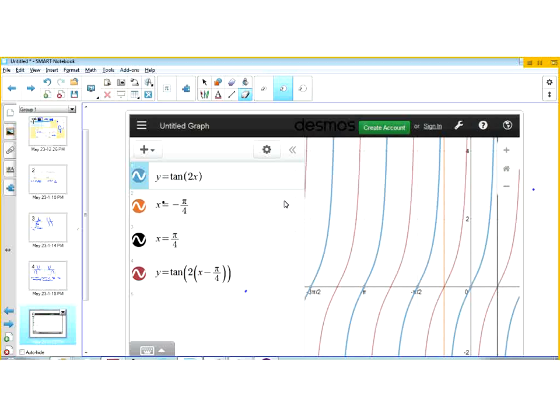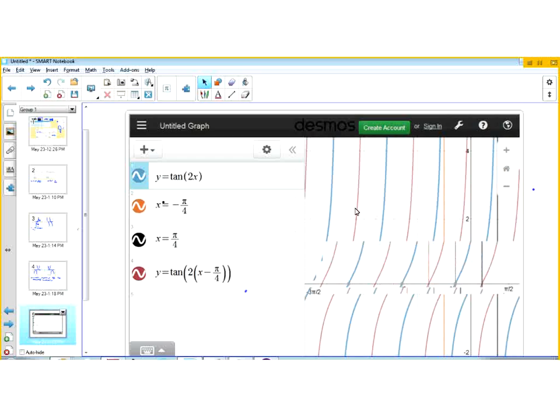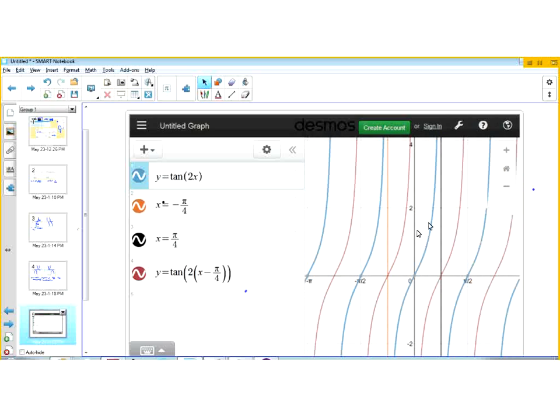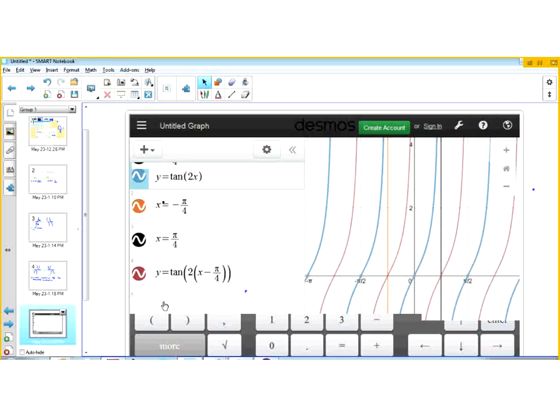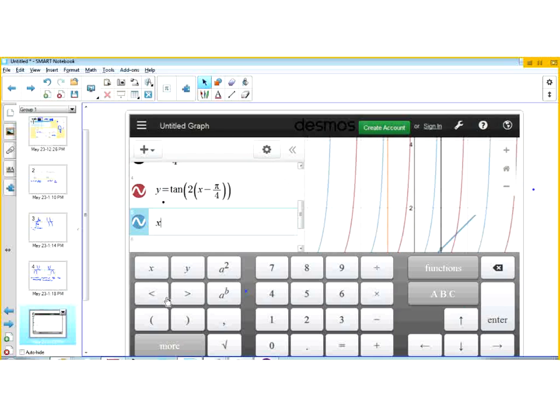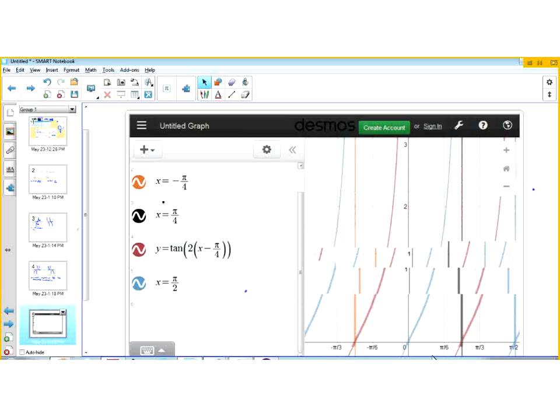The red curve should have an asymptote with the y-axis, which it does, and with the line x equals pi halves. Just for emphasis, x equals pi halves should be an asymptote, shown in blue.